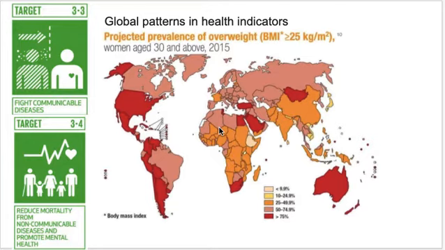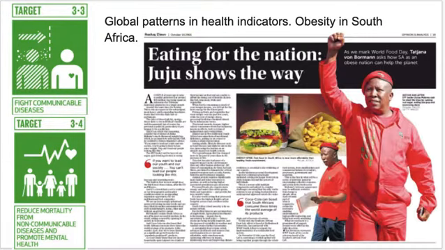That is, a proportion of their population are malnourished and underweight, but also a significant proportion of the population are overweight.